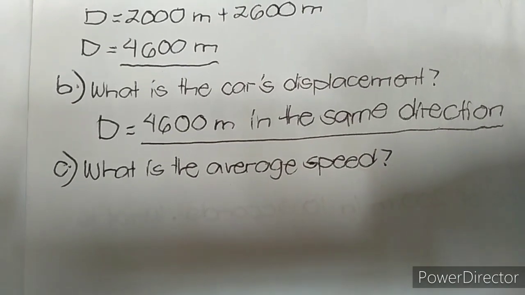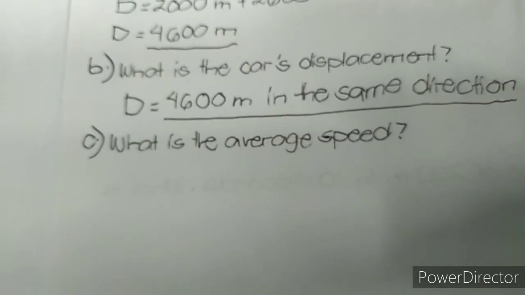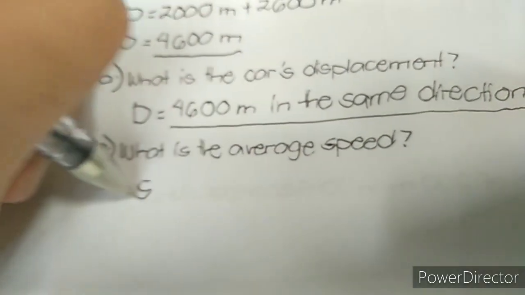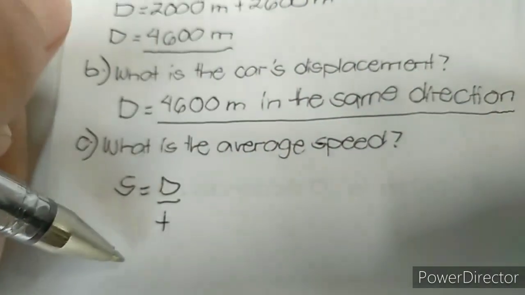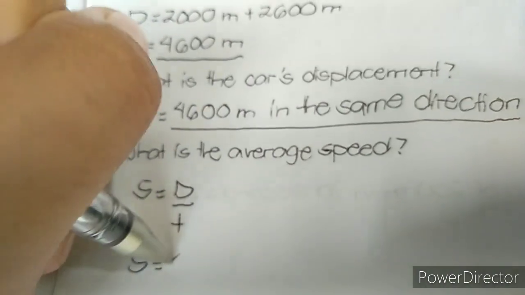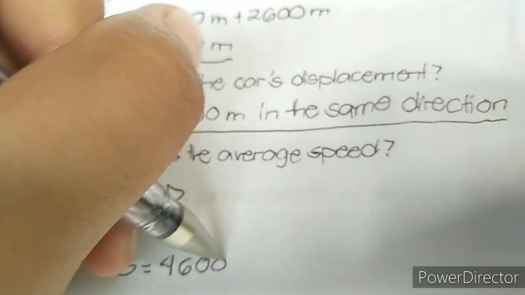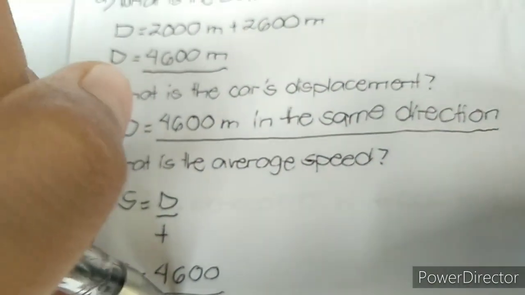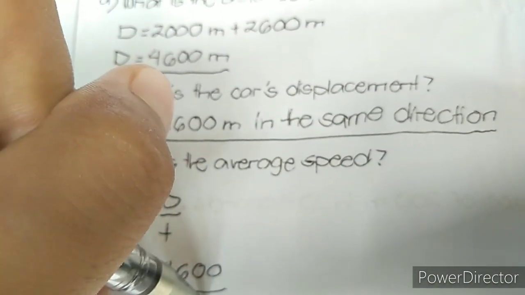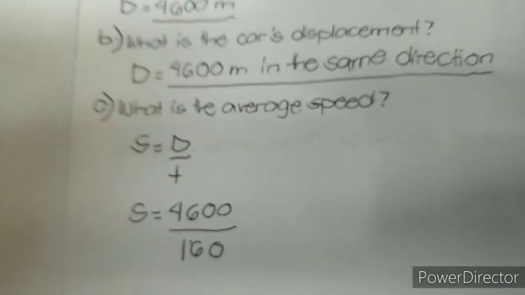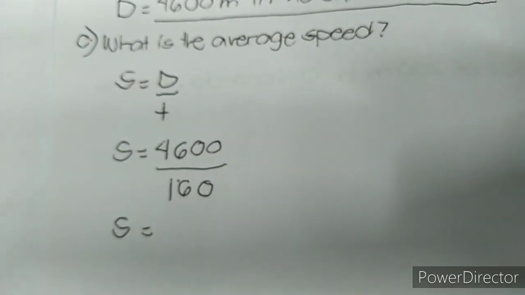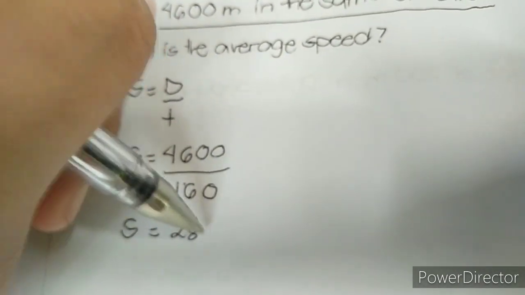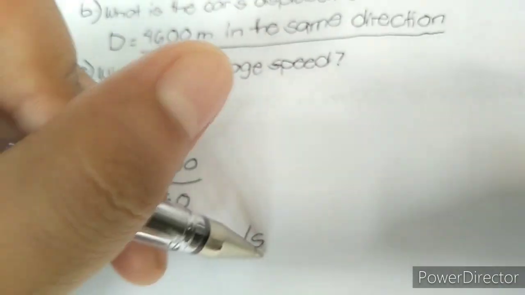Question letter C. What is the average speed? The formula of speed is speed equals distance over time. The distance is 4,600 meters over 160 seconds, so the average speed is 28.75 meter per second.